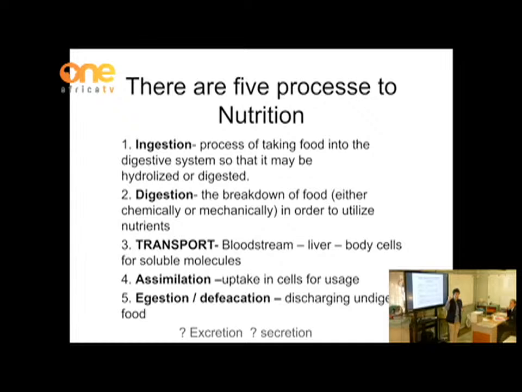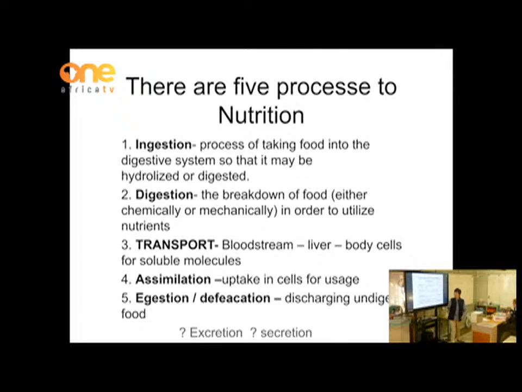What was the function of fats and the function of the carbohydrates? That is actually when they are doing their function. When they are functioning is when they are part of the cells, not when they are part of the pieces in the digestive tract. Okay, and then egestion or defecation, where we have the discharge of the undigested food.